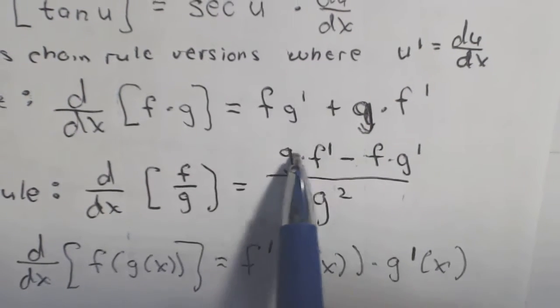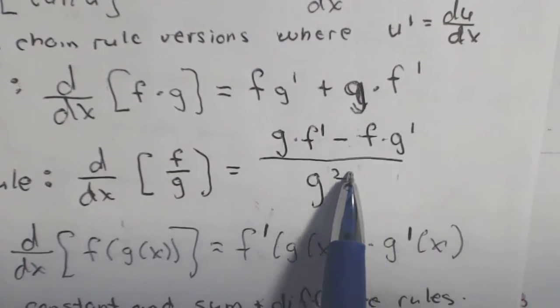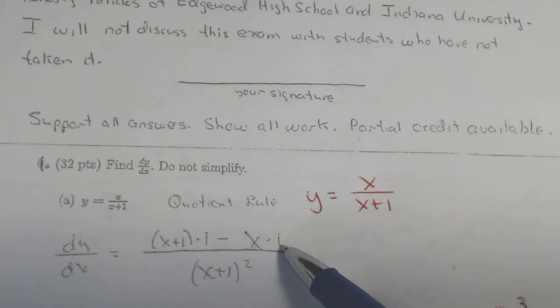Or as we said in class, low d high minus high d low over the square of what's below. So here we've got the denominator squared, the denominator written, the derivative of the numerator, x, the derivative of x is 1, minus the numerator written down times the derivative of the denominator, and we've got it there. It said not to simplify, so just quit.